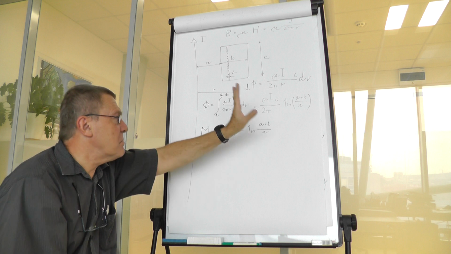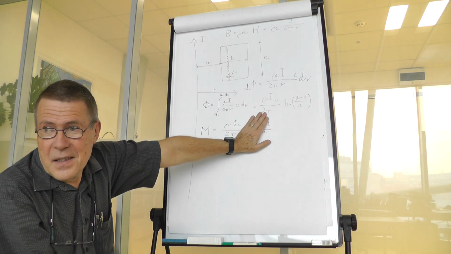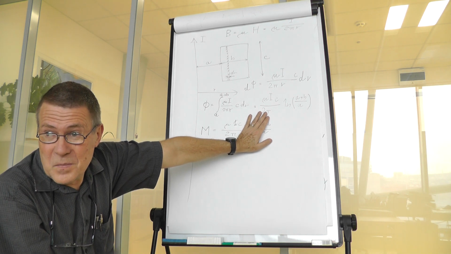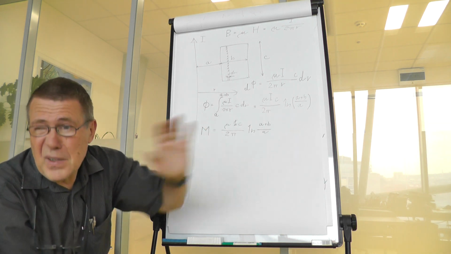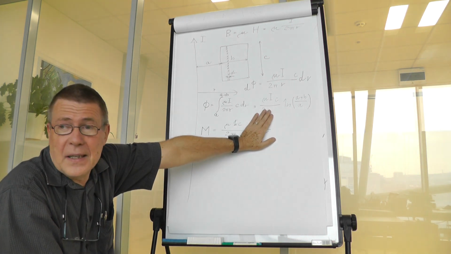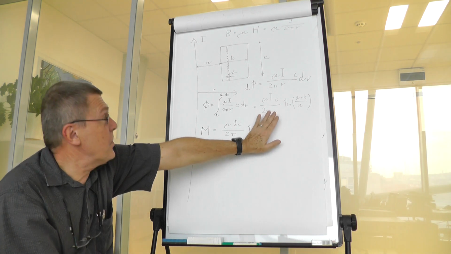That's a number more or less 1 in the result, slightly less than 1 or around 1, or slightly more than 1, but more or less the order is unity.